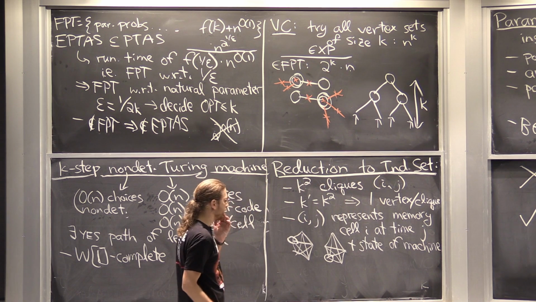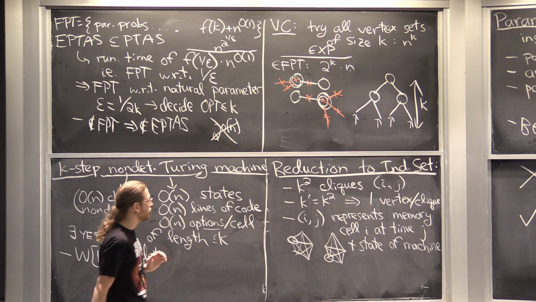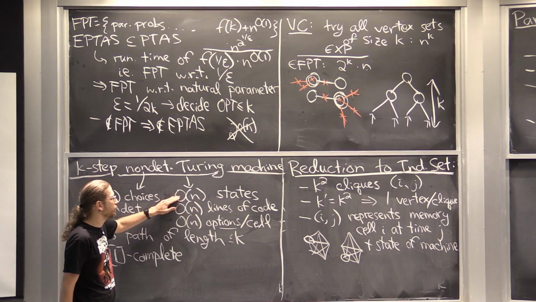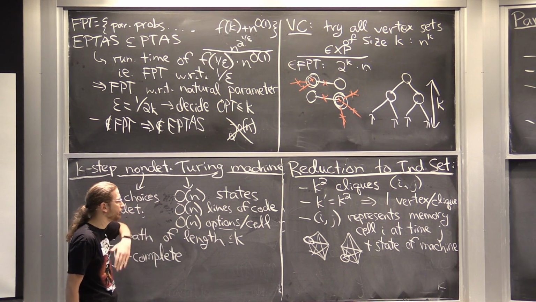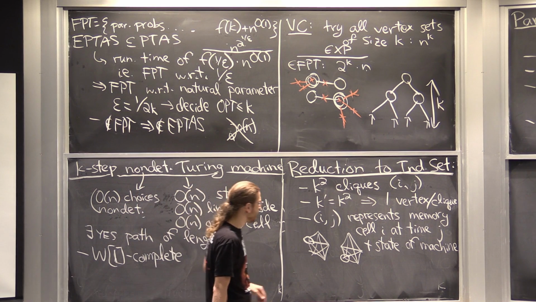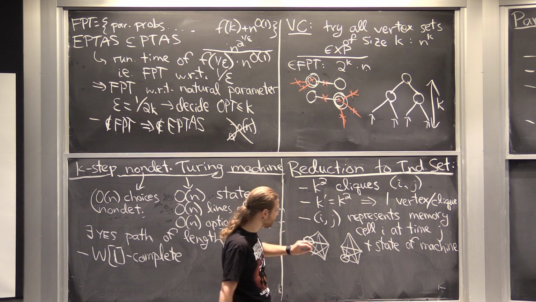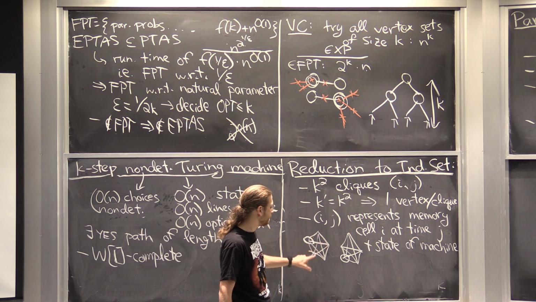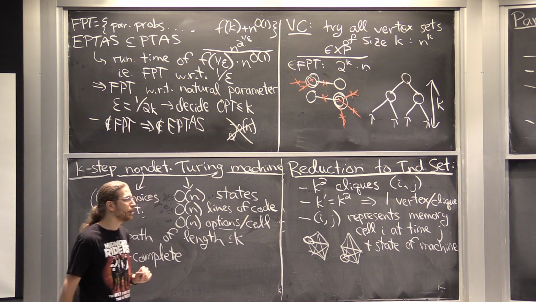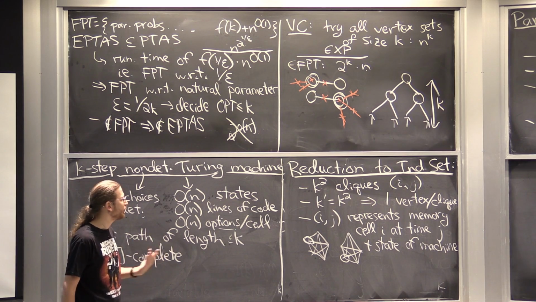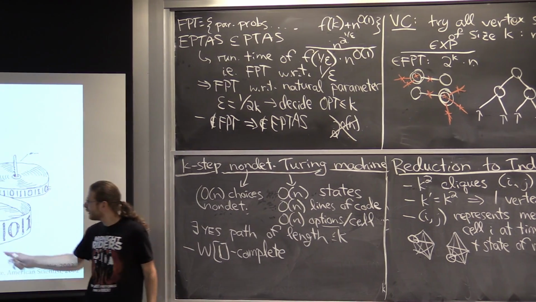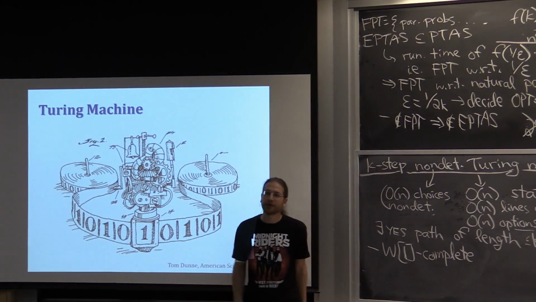So what I mean is there are order n states of the machine in general. That completely characterizes what the machine is about to do and what it's thinking about, all of its internal state. And so I'm just going to take those n states and plop them in, and each node in this clique represents one of those states. But also, I want to keep track of what symbol is written on that square of the tape.